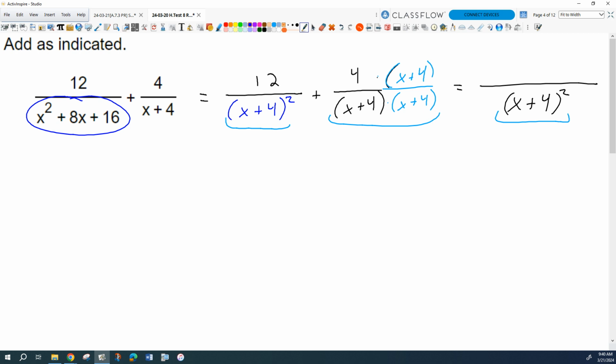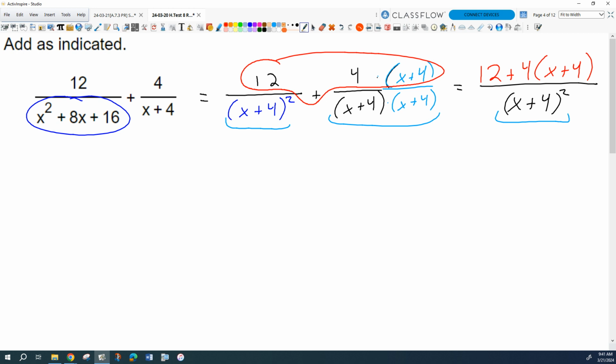Okay, and you did a bunch of stuff in your head. So you're essentially doing this, aren't you? You've got this numerator plus that numerator, right? So in the top, I'm going to take this step by step. We get 12 plus 4 times x plus 4.